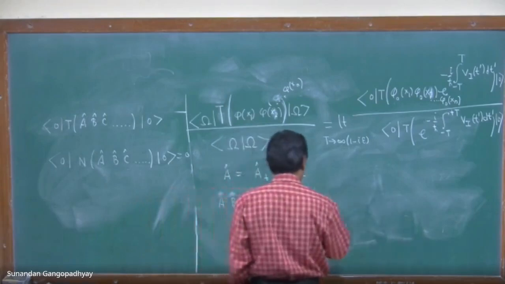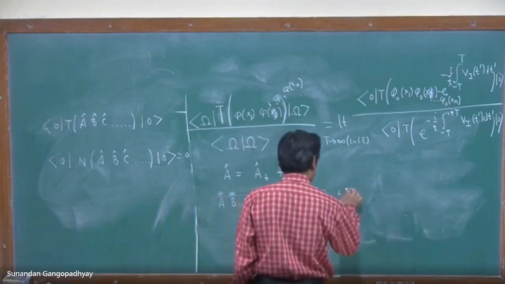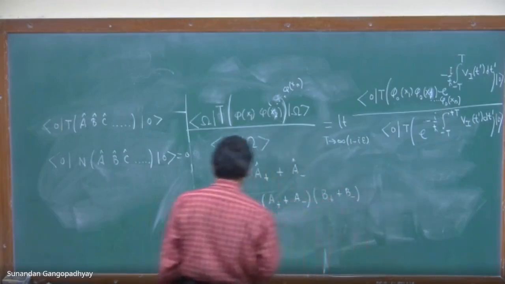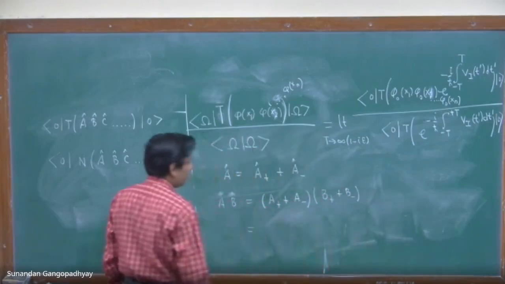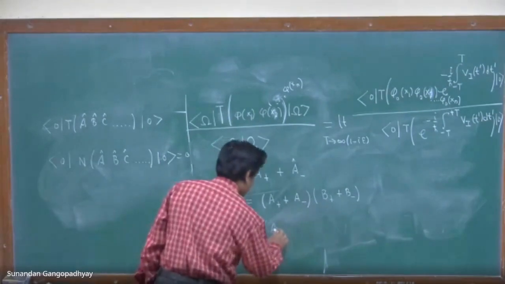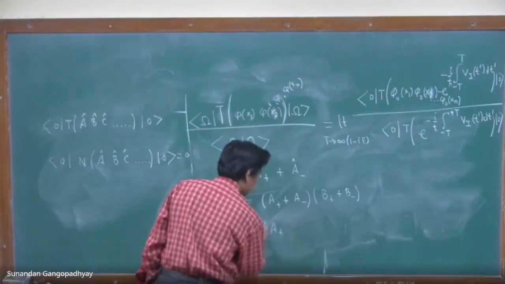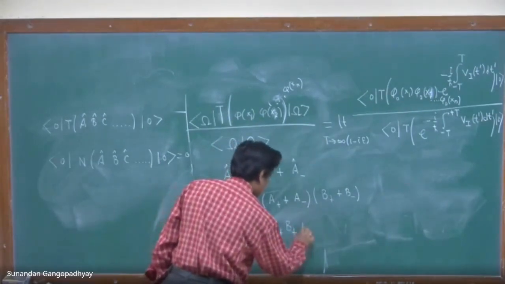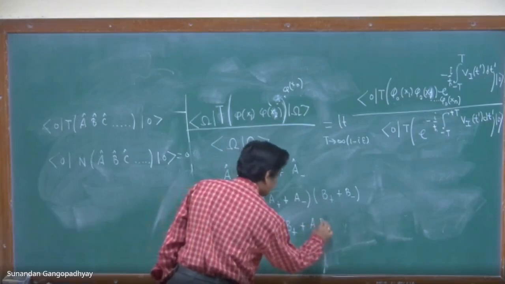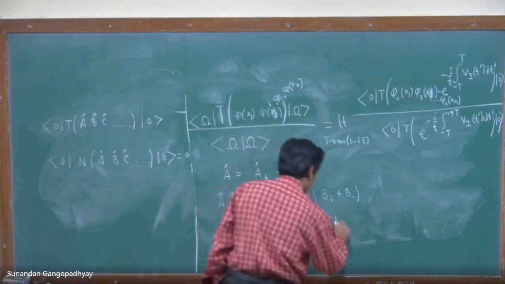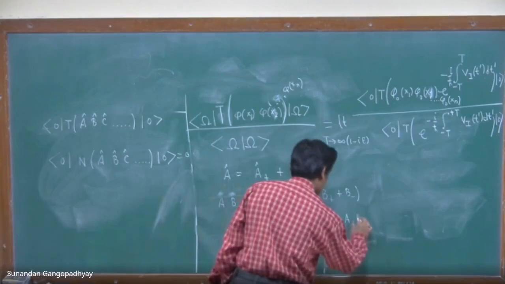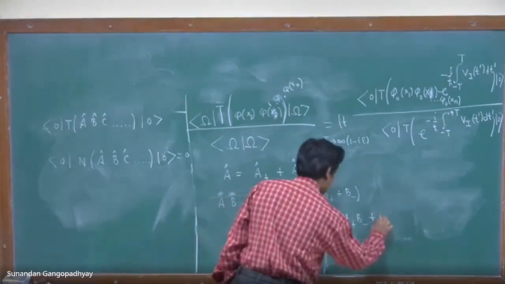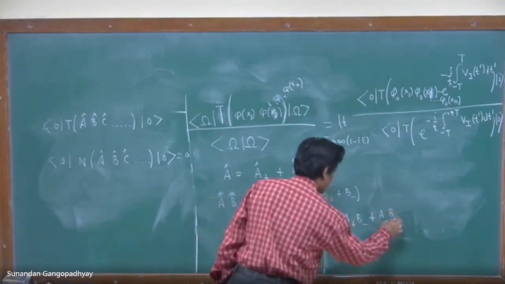So A B will be A plus A minus times B plus B minus. This is A plus B plus, plus A plus B minus, plus A minus B plus, plus A minus B minus.